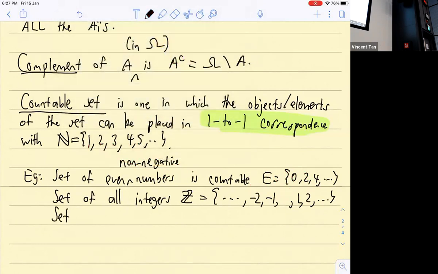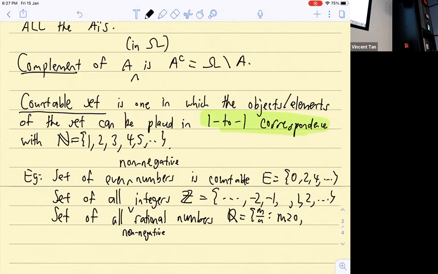What is perhaps not so easy to see is the set of all rational numbers, Q. These are m over n, where m, n are integers, and m over n is non-negative.